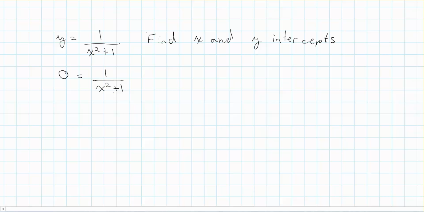But now I have to think to myself, is there any way I can get 0? Well, if you have a fraction, remember you can never divide by 0, so anything that makes the denominator 0 isn't going to give you a valid answer anyway. So for a fraction, it's like, is there any number we can use for x to make the numerator 0?